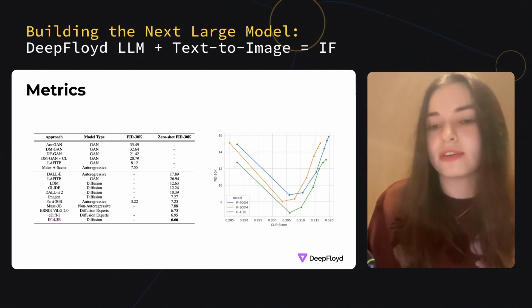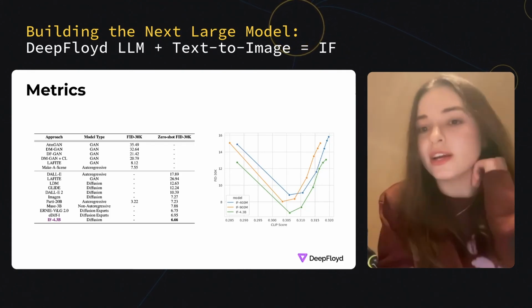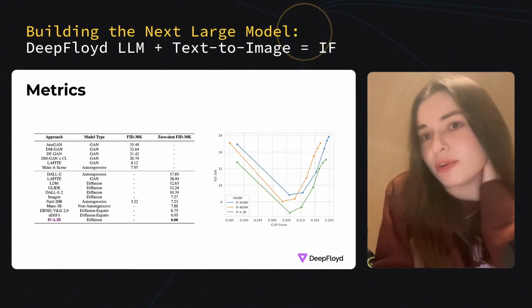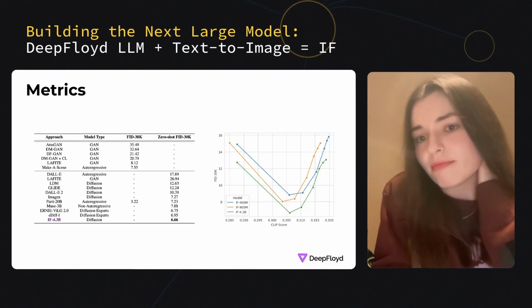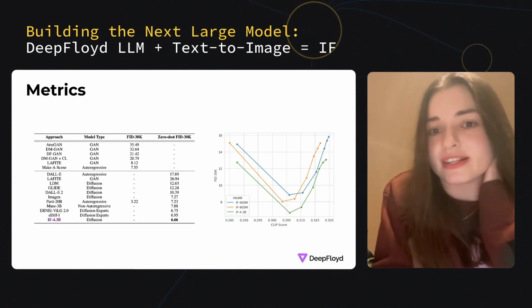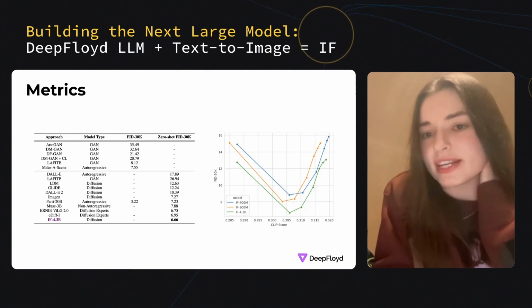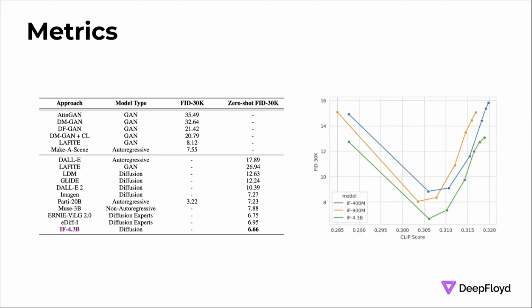Here we can observe our biggest and our best model, IF with 2.3 billion parameters. It has FID score 6.66 and CLIP score around 0.306 or 7. Yeah, so it's really a good result.